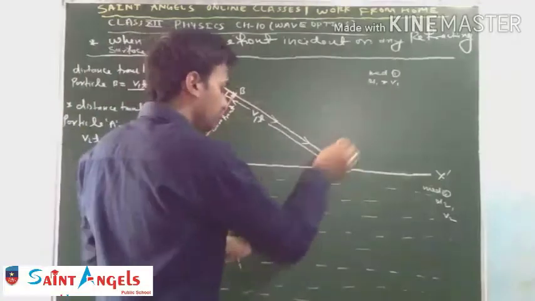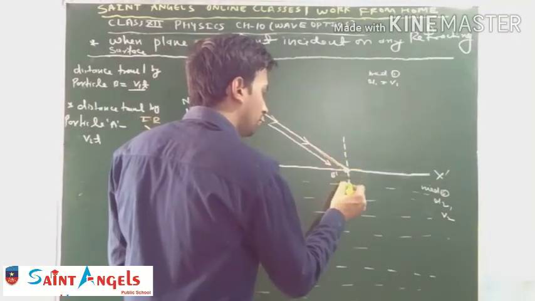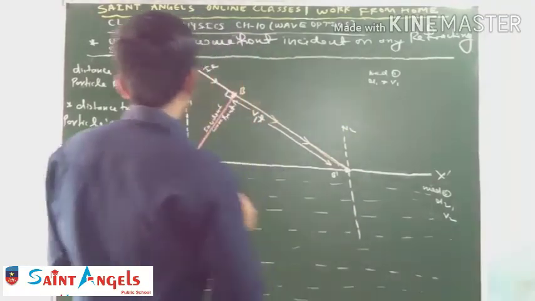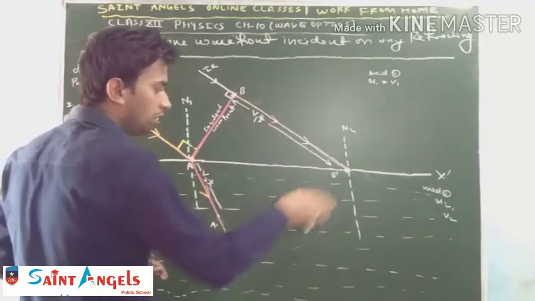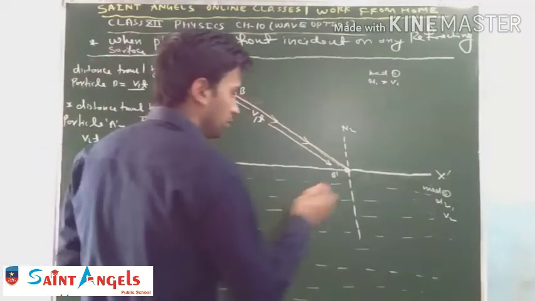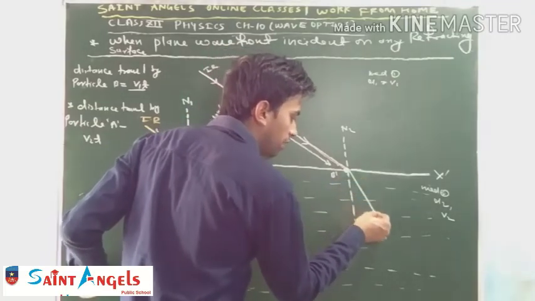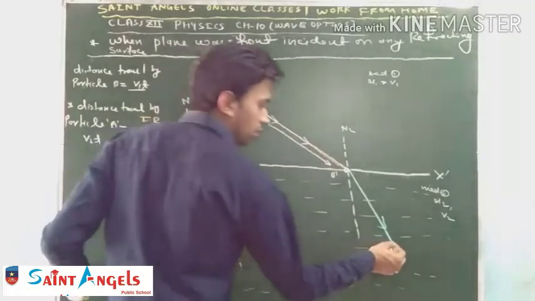Now similarly, we draw the normal at point B dash. These are the normals. Here, both the incident rays are incident at the same angle, that's why they refract by the same angle. So consider the particle at point B refracts in this way.